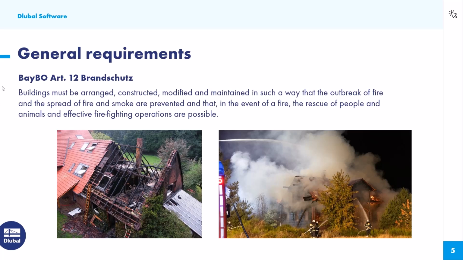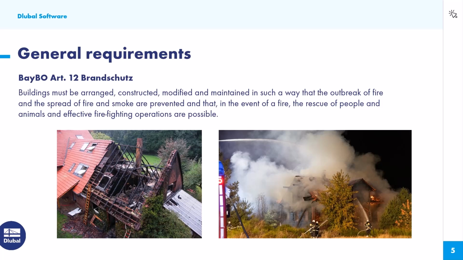So the first topic today is about the general requirements. This content here comes from the Bavarian building regulations, and I am sure it is similar in your country. It does not make sense to have a more detailed look into any regulations because we have so many people here from so many countries and every country is a bit different.